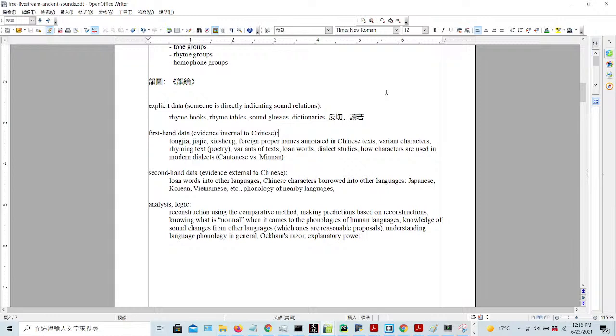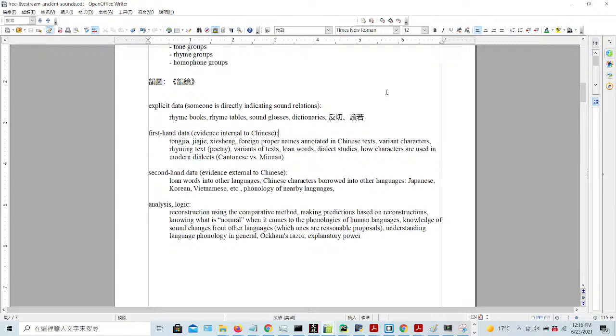And you can tell due to the phonology of Old Chinese and how the word ends up being in Korean that it was during the Old Chinese period that these words were borrowed into Korean. So we also know something about ancient Korean sounds and modern Korean sounds and different stages of history where the Korean pronunciations of characters are annotated in texts. So we have that kind of evidence as well.